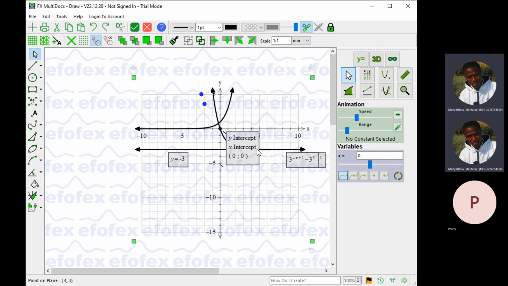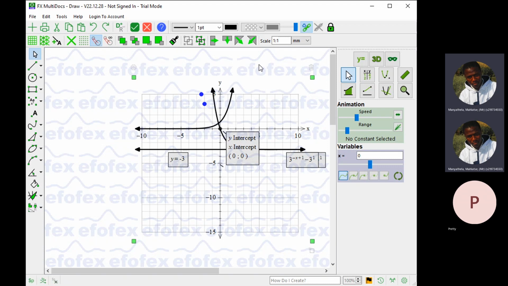So it was somewhere here. If we move it by 3 units up, it will be 1, 2, 3, and then 1 unit to the left, and then we reflect it along the y-axis.